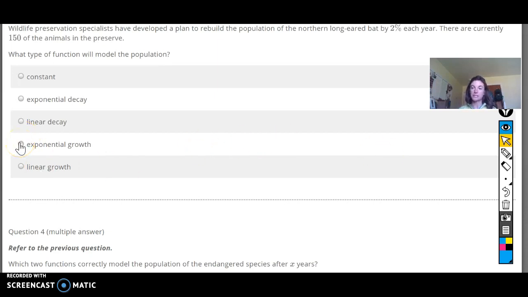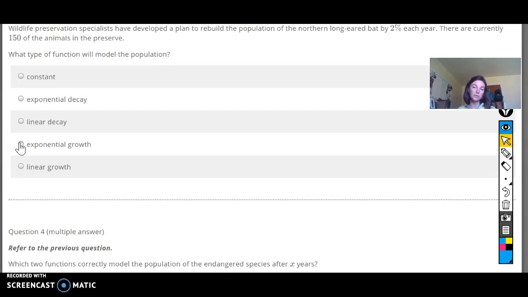If they start out with 150, then in year one we multiply that by 1.02, and so there'd be 153 after year one. After year two, you'd multiply 153 by 1.02 and you'd go up to 156.